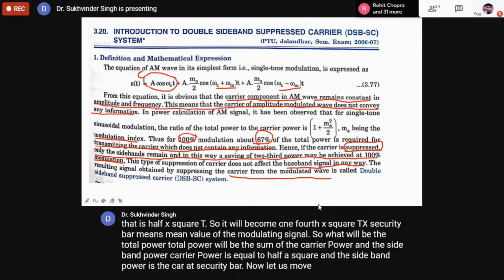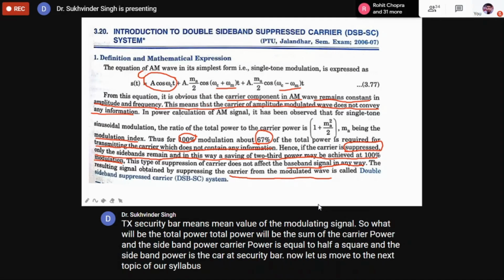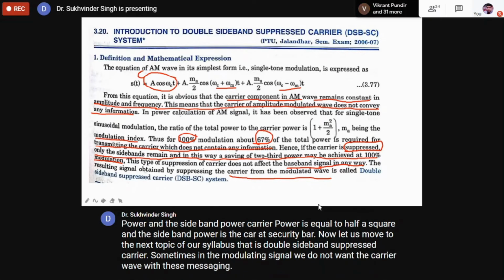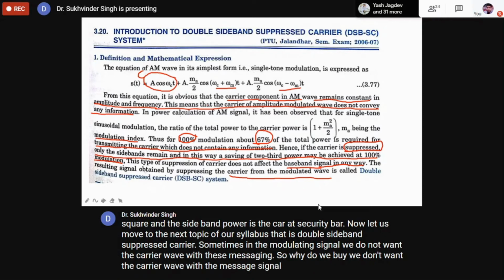Now let us move to the next topic of our syllabus, that is double sideband suppressed carrier. Sometimes in the modulating signal, we do not want the carrier wave with the message signal. Why we don't want the carrier wave with the message signal is explained in this method, double sideband suppressed carrier.